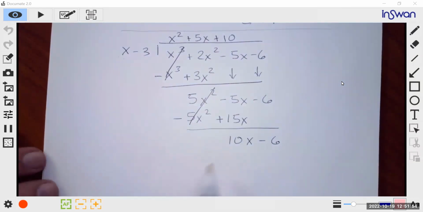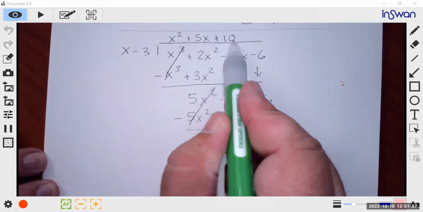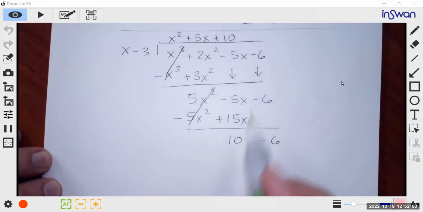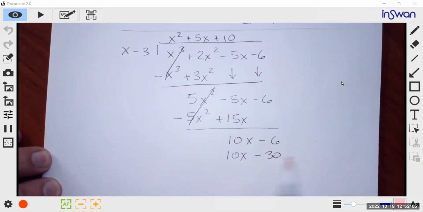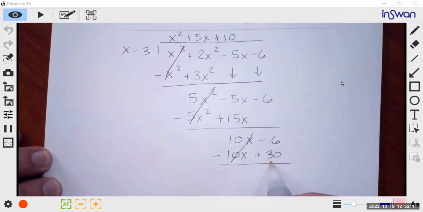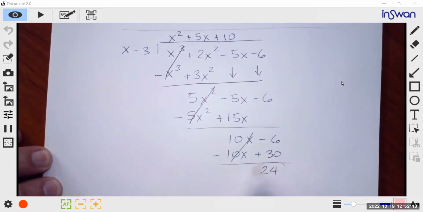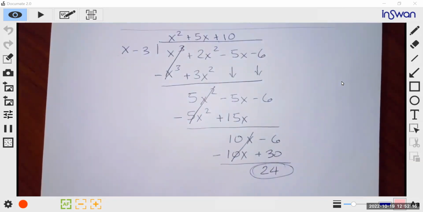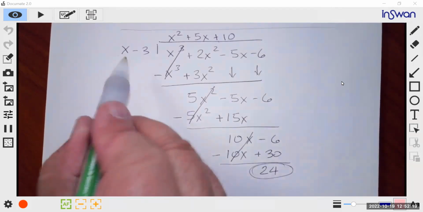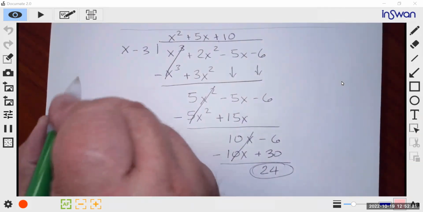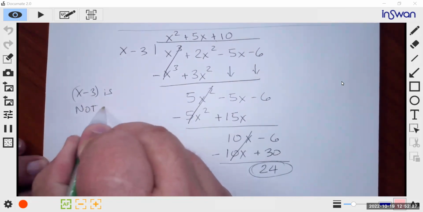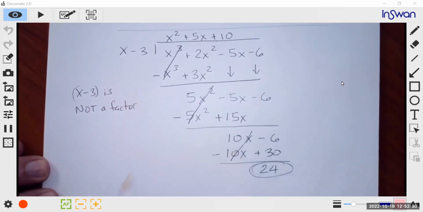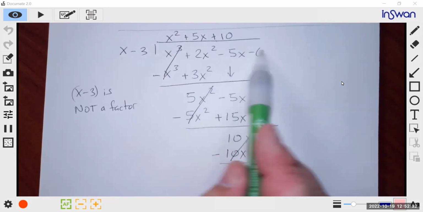Since this is a positive 10, you have to put a positive 10 up here. So 10 times x is 10x. 10 times negative 3 is negative 30. Change the signs and add. 30 minus 6 is 24. So it tells us that x minus 3 is not a factor of our polynomial.